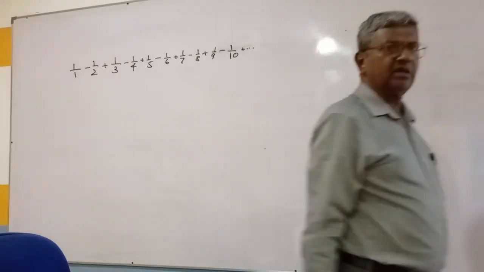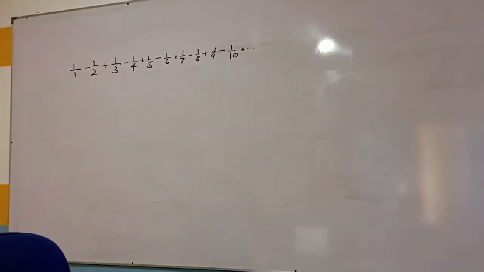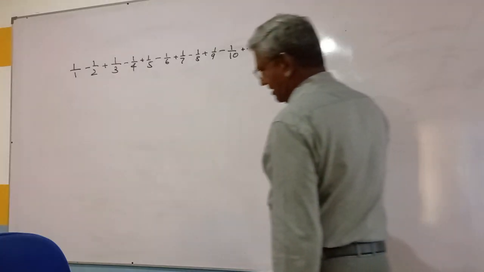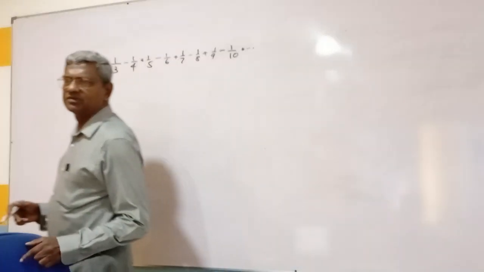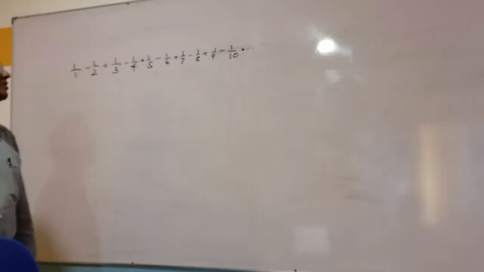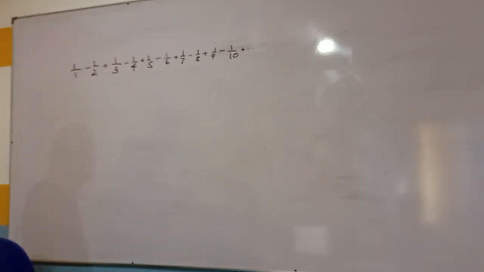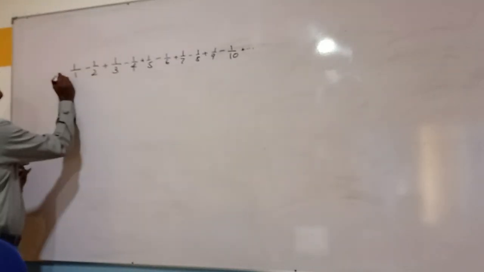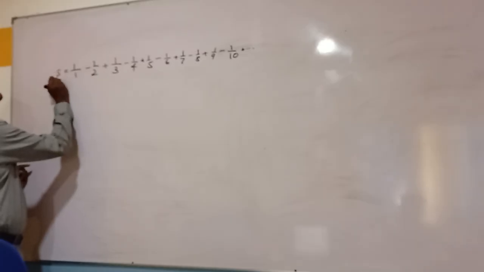This is an alternating series and it converges. Actually, this is equal to the natural log of 2. It's not important for us. So assume this is equal to S.